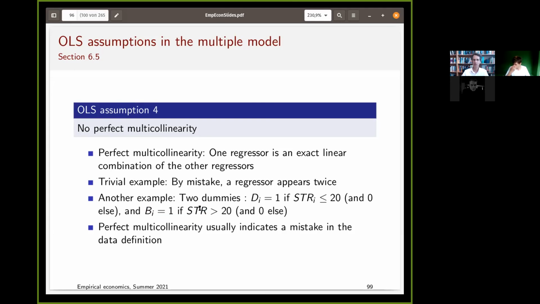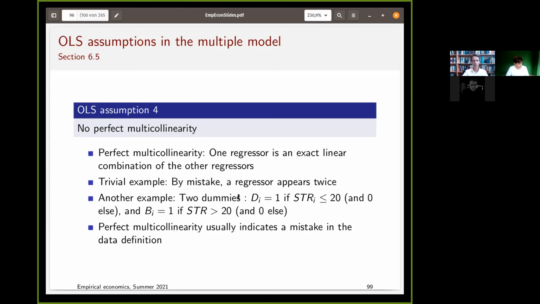Then if you sum up these two dummy variables, you get a vector of 1s. And the vector of 1s is already included in the model as the intercept. So in that case, these two dummies together give the same information as the intercept. And therefore, again, we have the case of perfect multicollinearity.